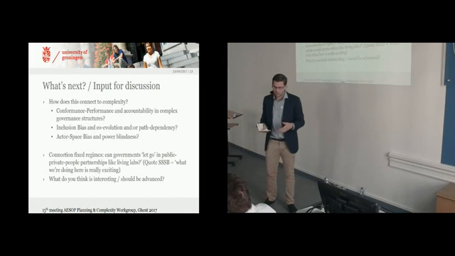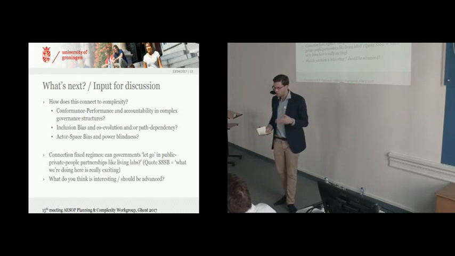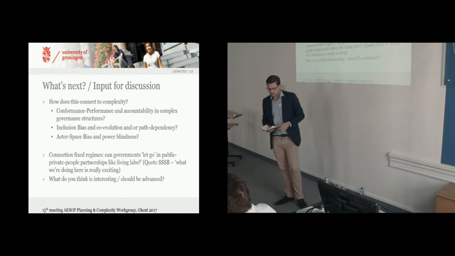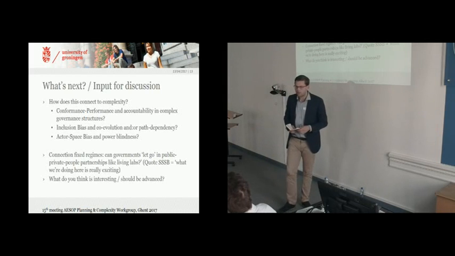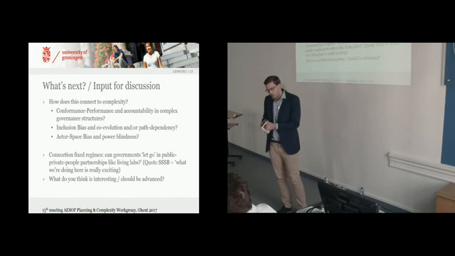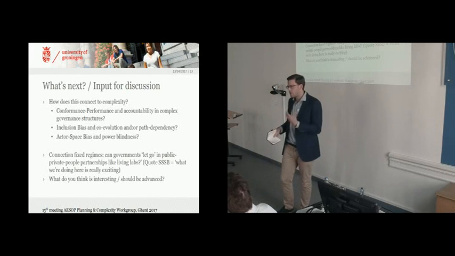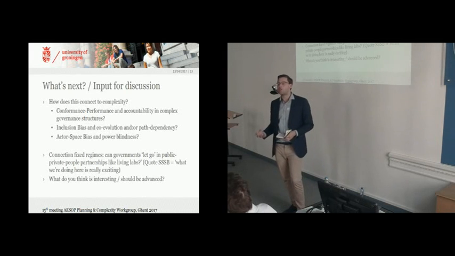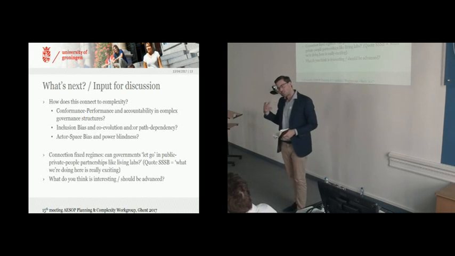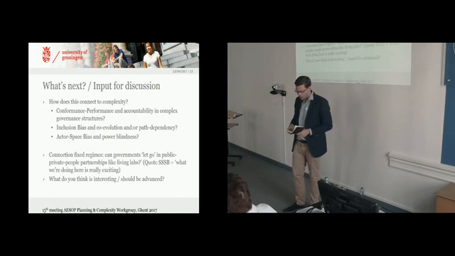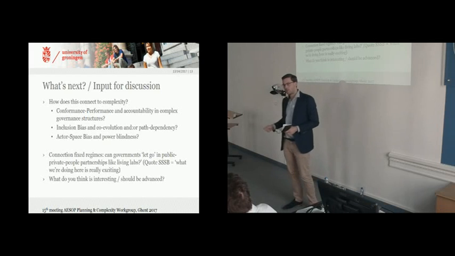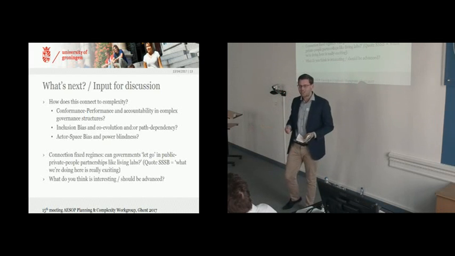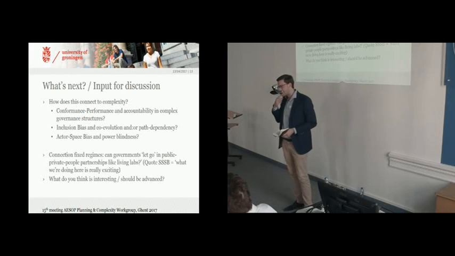Most of the process managers starting the lab, so the Innova 58 is still starting, were indicating already that it was really frustrating for them that some people will only want to be involved on a small level because they wanted to scale up these issues. That's one of the issues that public agents often encounter. Also, it's very tough to do this because the theme is called the fixed regime, and I think this is also where this is very salient.